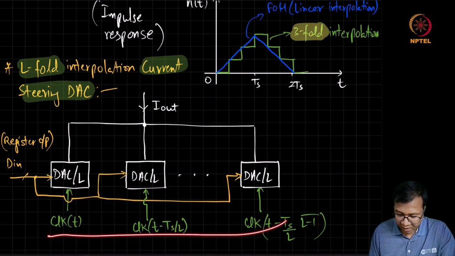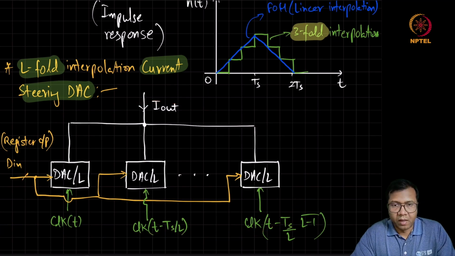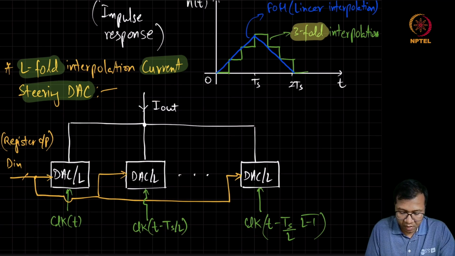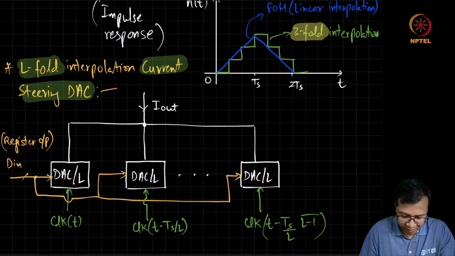Now such a DAC can be directly connected in the active mixer circuit which we have shown earlier. So we're taking advantage of this improved interpolation and also increasing the oversampling. It is possible to keep the output spectrum of an RF-DAC below the spectral mask.